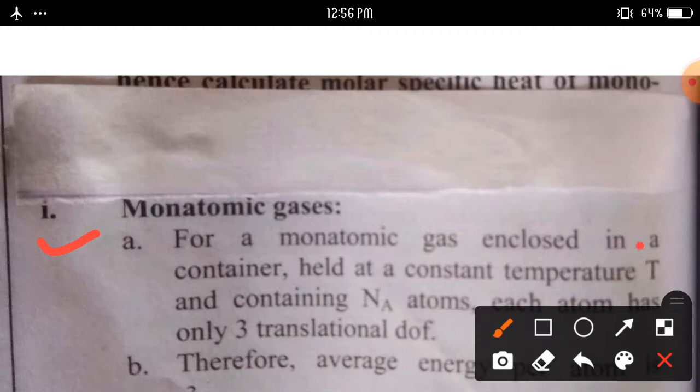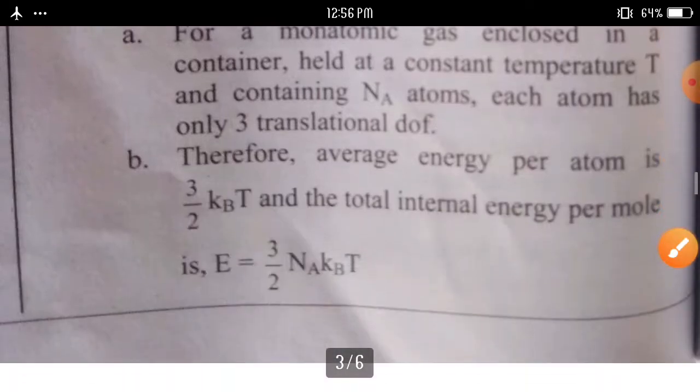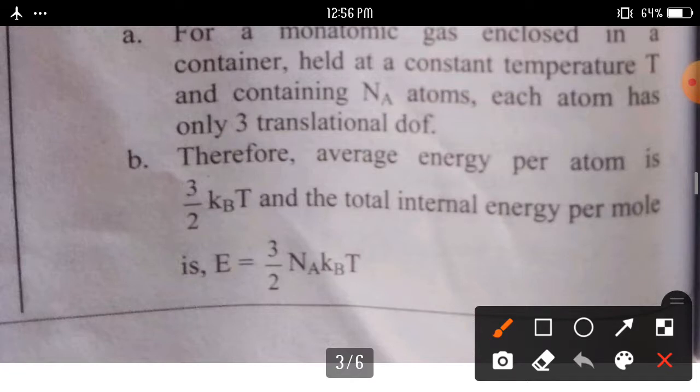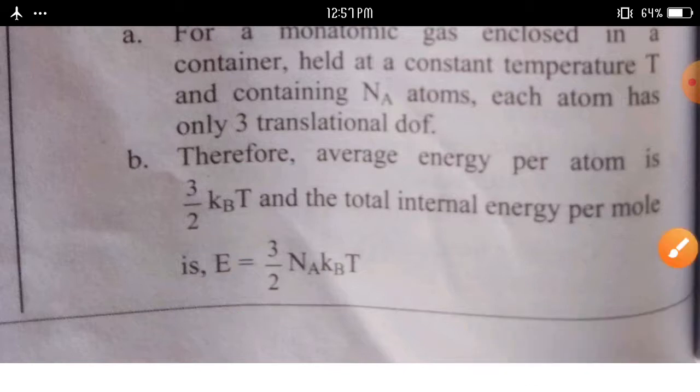Therefore, the average energy per atom becomes 3 by 2 kB into T, and the total internal energy per mole is given by E is equal to 3 by 2 Na into kB into T. This is the total internal energy per mole.